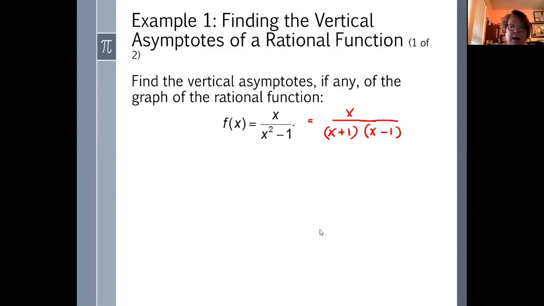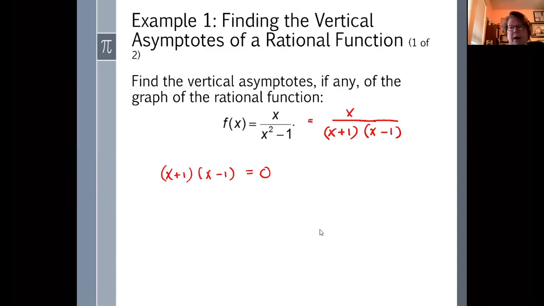So to find the vertical asymptotes, I set that denominator equal to 0. If I could cancel a common factor, I would, but I can't. Since I have it factored, I might as well set it equal to 0 in factored form.